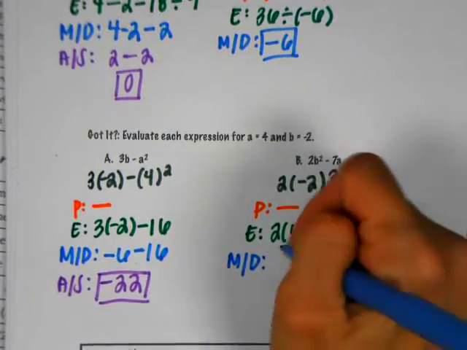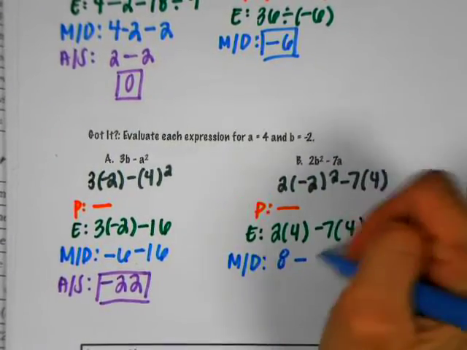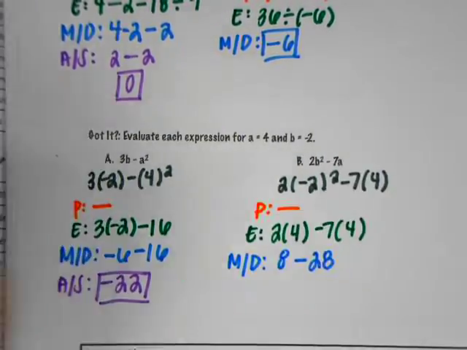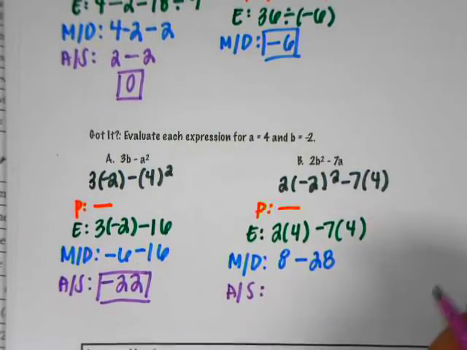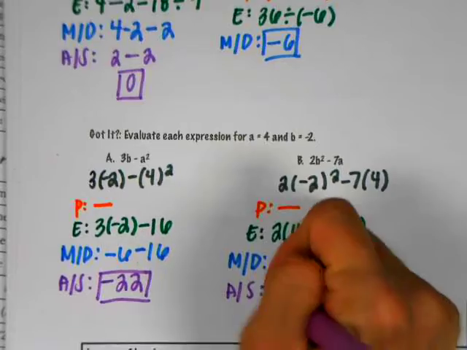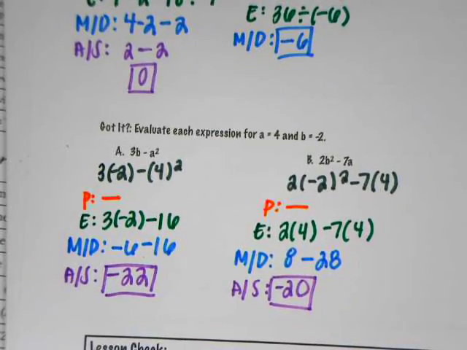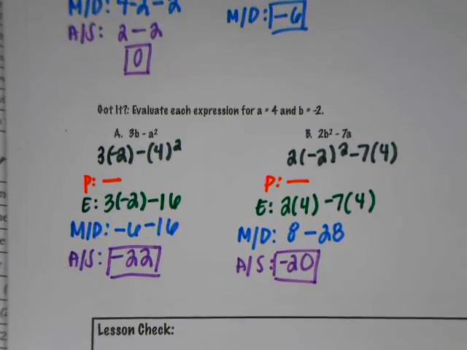Multiplication and division, 2 times 4 is 8, minus 7 times 4, which is 28. And then addition and subtraction, 8 minus 28 is -20. Any questions on that? Okay, cool.